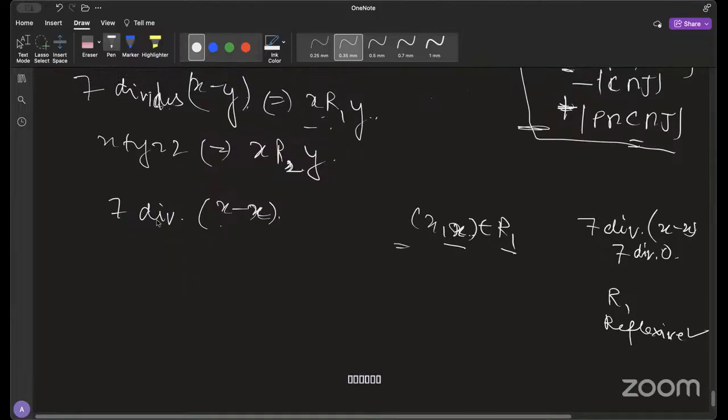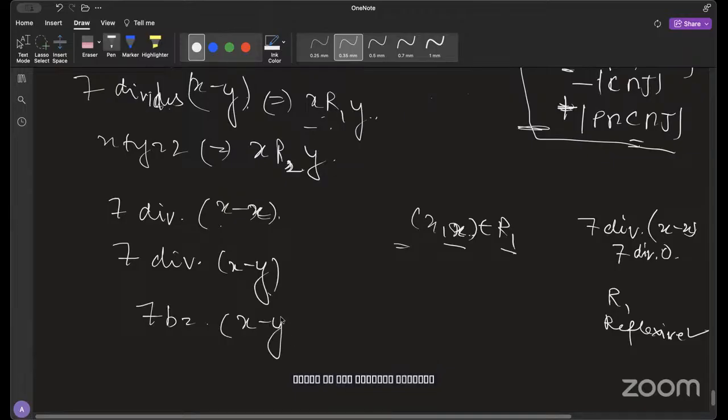And the second one is symmetry. So if you say that 7 divides X minus Y, it just means that there is a B. In simple words, it means 7B is equal to X minus Y, where B is some integer, not equal to 0, or it could be 0, 0 works too. This is what it means when you say that 7 divides X minus Y, right?